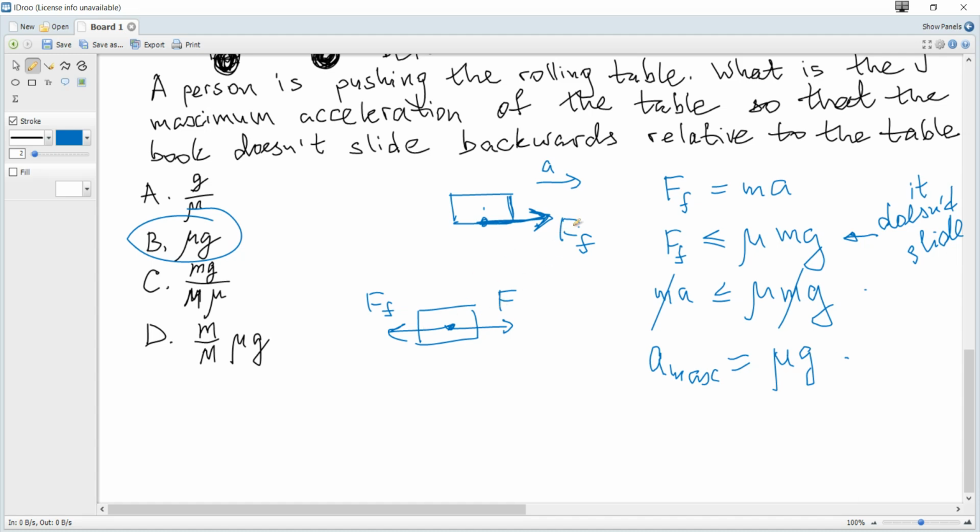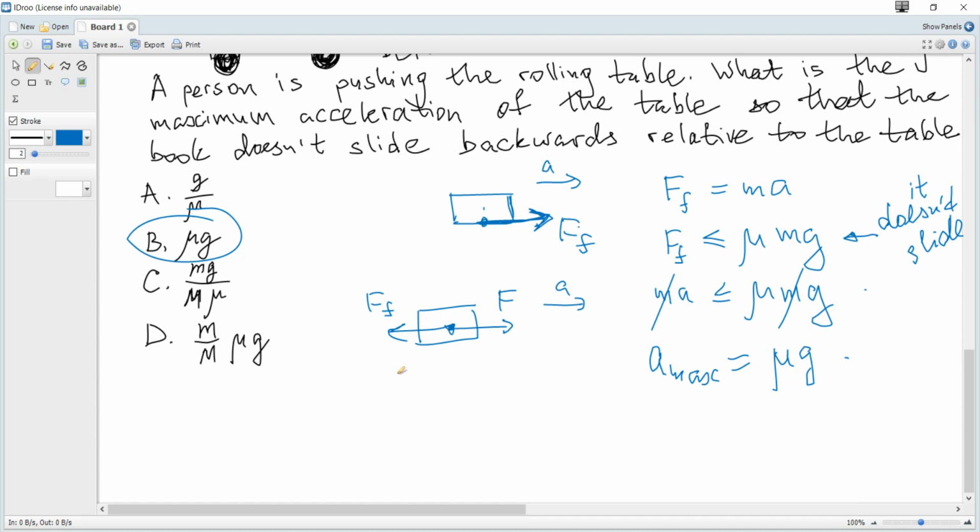This force is friction of the table on the book, and when you consider the book, it is applied on the book, and this force is what? Book on the table. If you consider the table, it will be to the left, and they are of the same magnitude, and there are no other horizontal forces. Vertical forces don't matter because their components are zero, and acceleration is to the right.